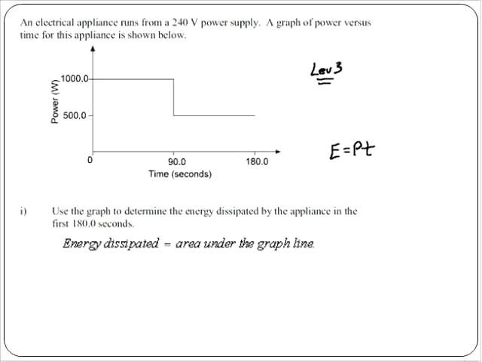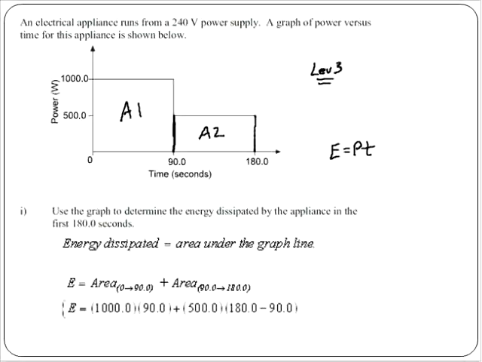We're going to say energy is the area. So it's the area, first of all, from 0 to 90. So I'm just going to cut it off right here. That gives me this shape. And then from 90 to 180, it's a different shape. So this is area 1, this is area 2, and they're both rectangles. So all I got to do is go length times width.